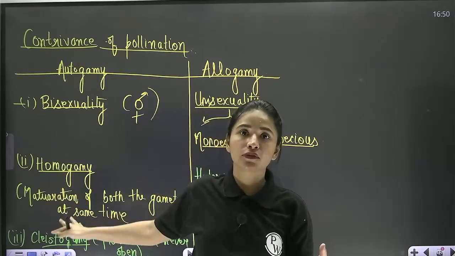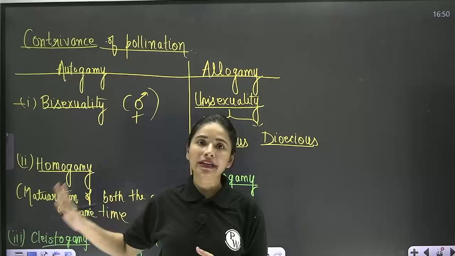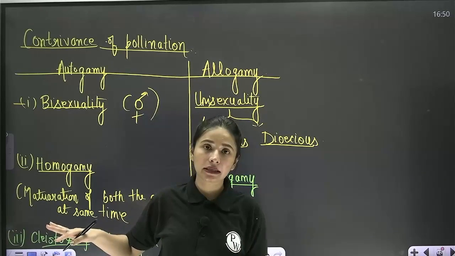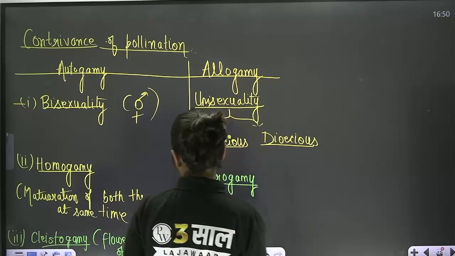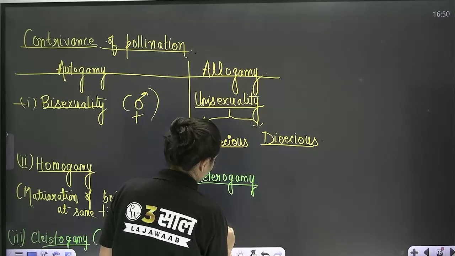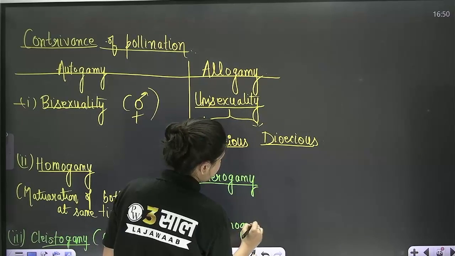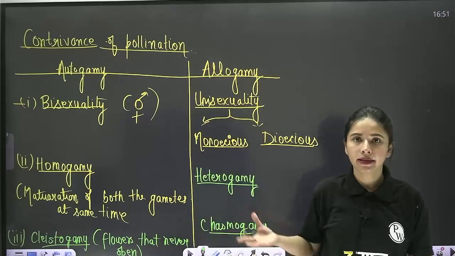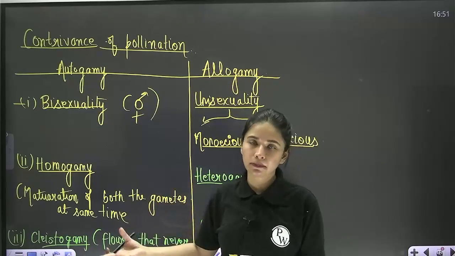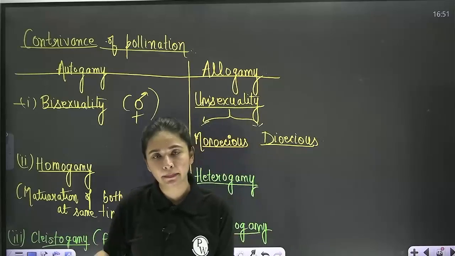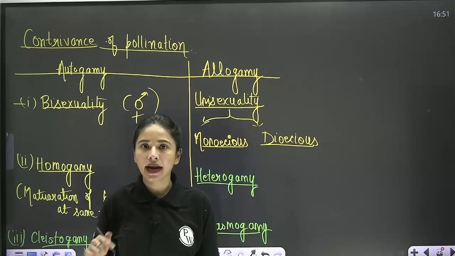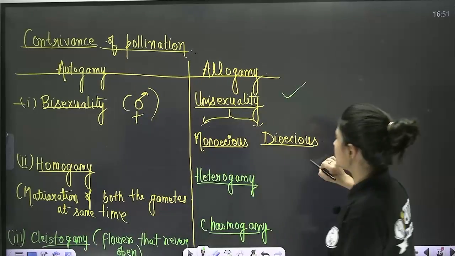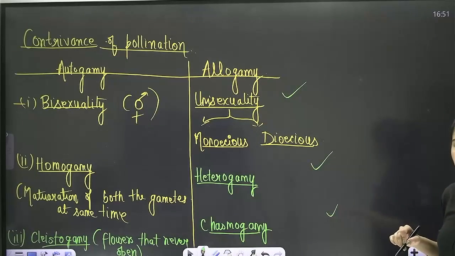So in such flowers which are cleistogamous, the only type of pollination that can occur is autogamy. On the opposite hand is chasmogamy. Chasmogamy means flowers that open. So normally the flowers that open can invite the pollen grains from other flowers as well and can help in showing cross-pollination, right? So these are certain contrivances. I hope you all have understood this also.